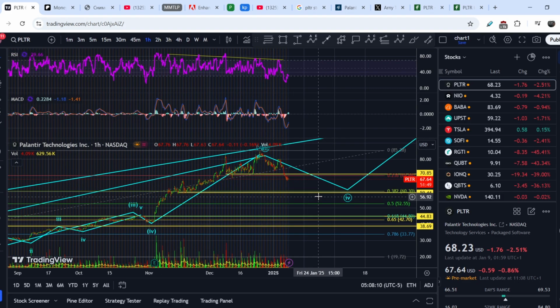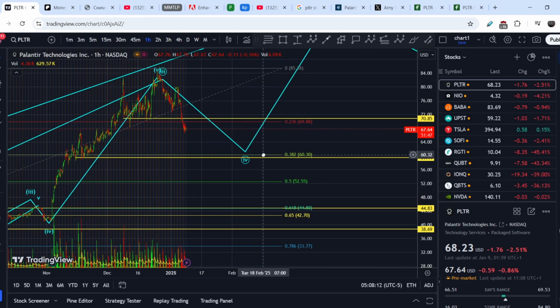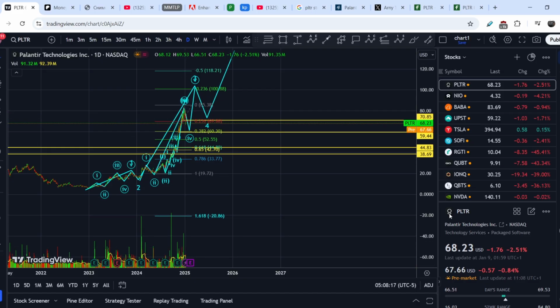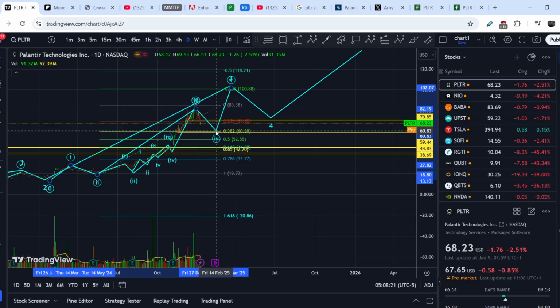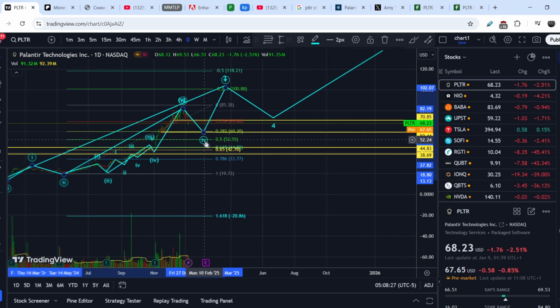In general, I still stand on my position that somewhere from this range, let's switch to the daily time frame and let me show you this in detail, from the range of about $60 or even lower, we might have the trend reversal. Most probably it will have a trend reversal somewhere from $60, because it shouldn't break 0.5, because it will invalidate its motive structure, its impulsive structure to be precise.